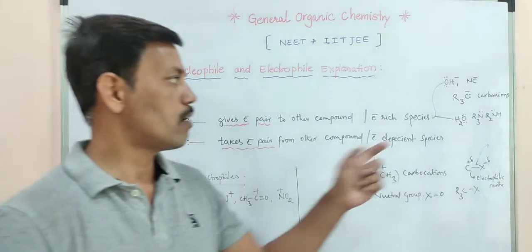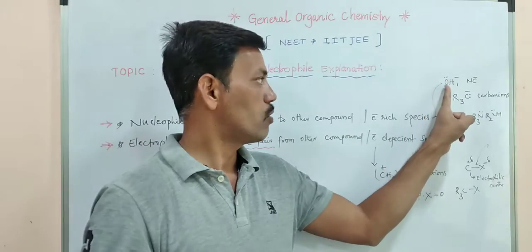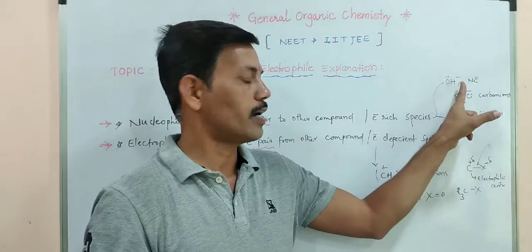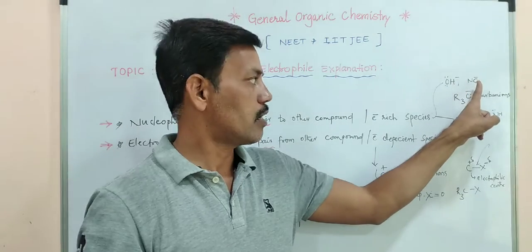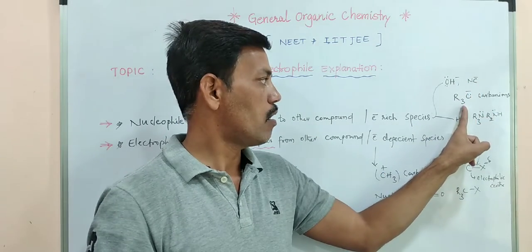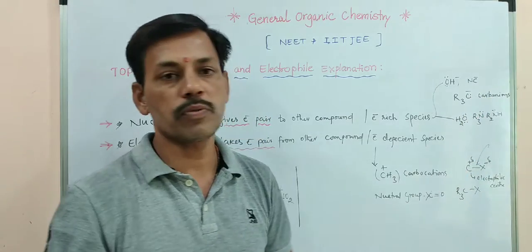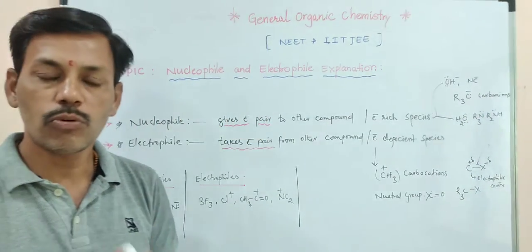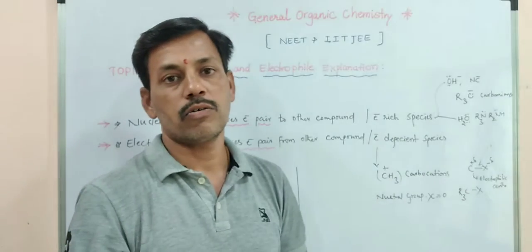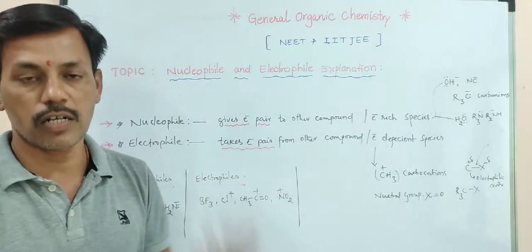If we see the examples here: OH minus, hydroxyl group, cyanide group, R3C minus, these are carbanion groups. These are all negative groups, electron donating groups or electron rich groups.